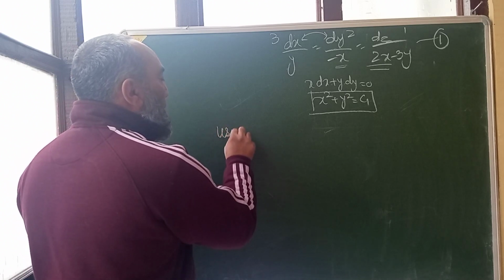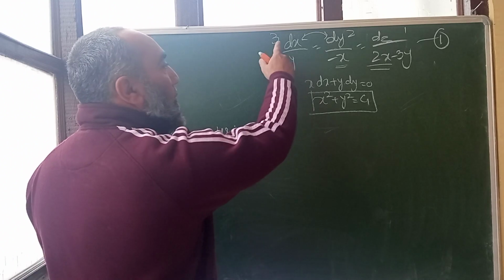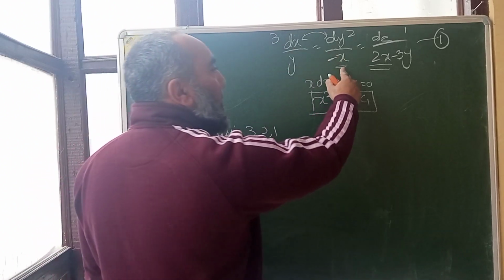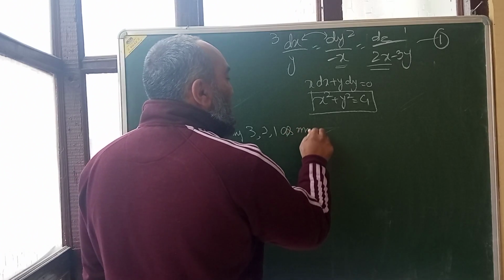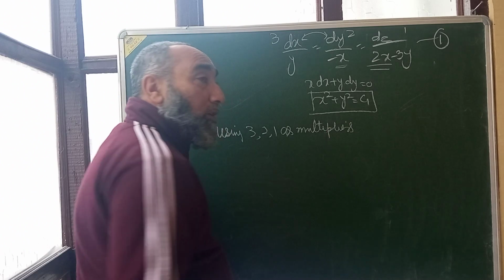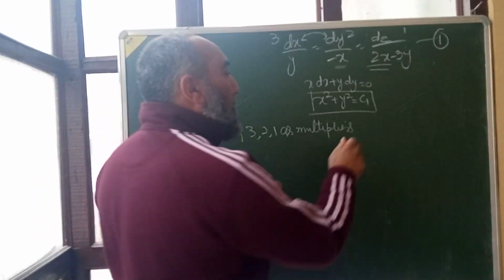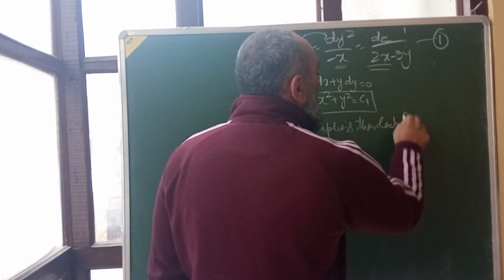Using 3, 2, 1 means 3 is with first fraction, 2 is with second fraction, 1 is with third fraction, as multipliers. Then this is important.